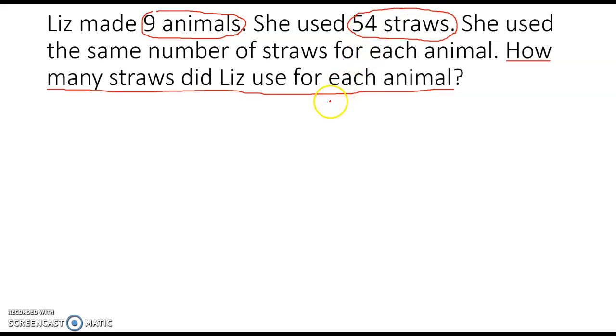So, we know there were 54 straws divided into 9 equal groups. We don't know how many yet are in each group. So, 9 equal groups times we don't know how many in each group is going to equal 54.